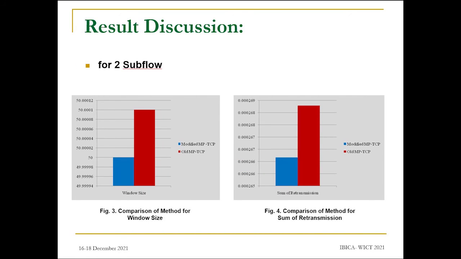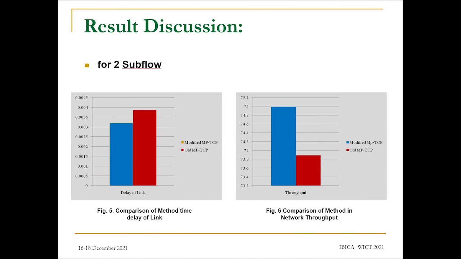Figure 3 depicts the comparison of method for window size and figure 4 depicts the comparison of method for sum of retransmission. The next slide shows figure 5, in which the comparison of method for time delay of link is shown, and in figure 6 the comparison of method for network throughput is shown.